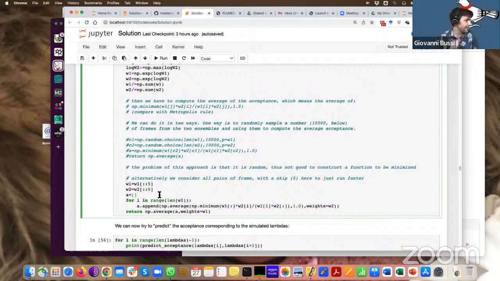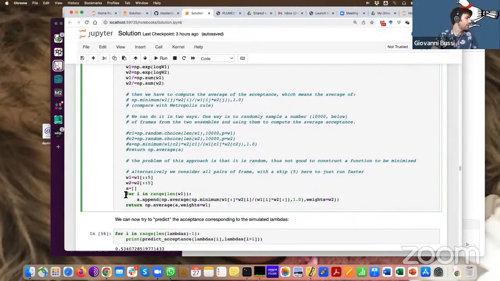The second loop is implicit because it's written here with this averaging. I want to do it with a double loop on the frames. That's why I'm using this skip. I'm skipping every 5 frames, which saves me a factor 25 in the execution speed.